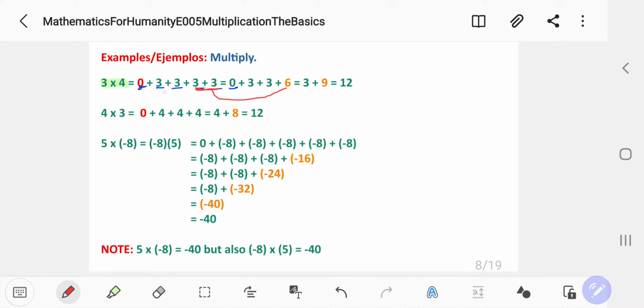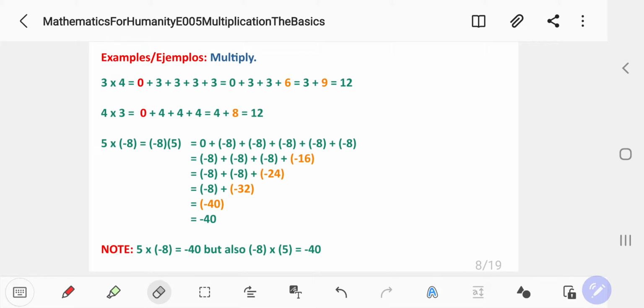And then you're left with two 3s here. Then you will add again in this side of the equation. You add 3 and 6, that's equal to 9, and then you're left with one 3, and 3 plus 9 is equal to 12. So 3 times 4 is equal to 12.